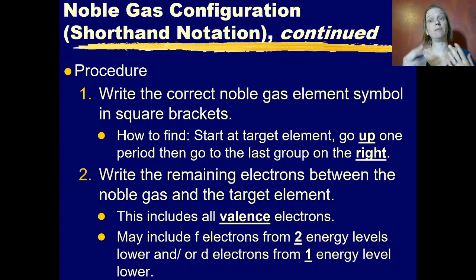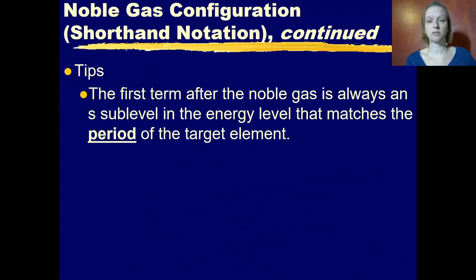You'll need to read the periodic table or know your diagonal rule to make sure that you cover all of those D and F electrons. An important tip to help you do that is to remember that after your noble gas, the first term you write is always going to be an S sublevel in the energy level that matches the period of the target element.